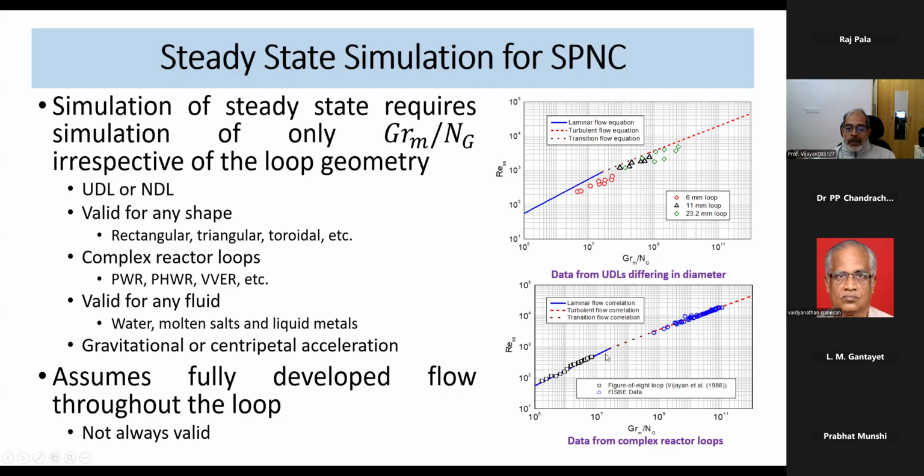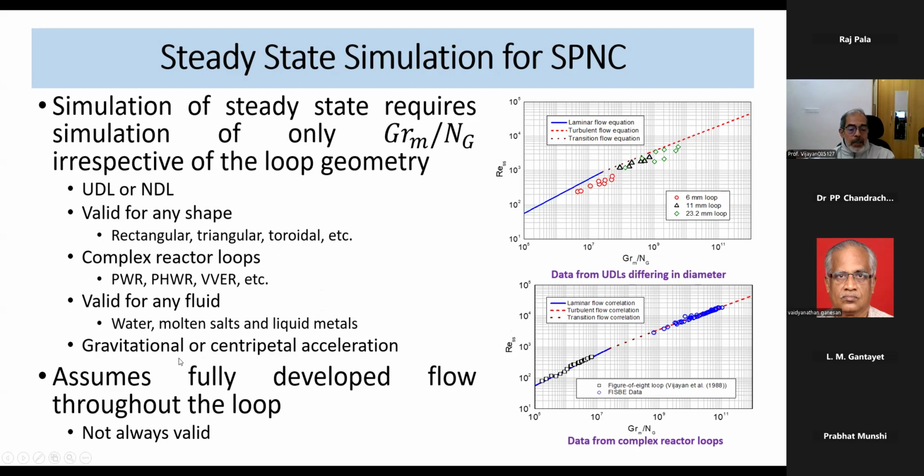And you find that the same correlation is not only valid for PHWR, but also for PWR, VVR, etc., all those loops. Irrespective of the shape of the loop and irrespective of the fluid, even molten salts and liquid metals, people have tried and found it valid.